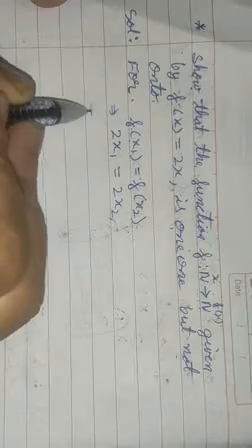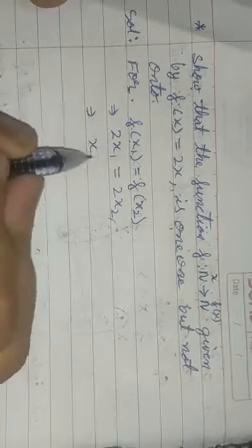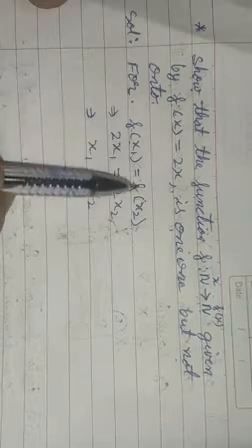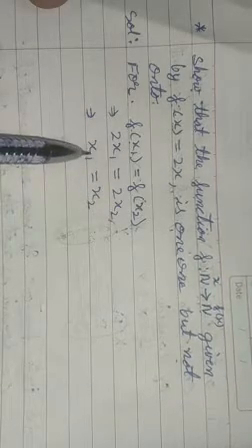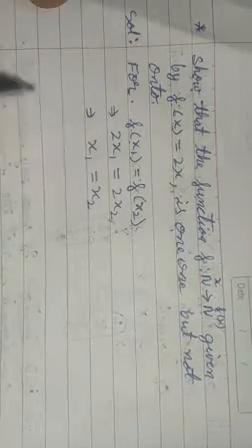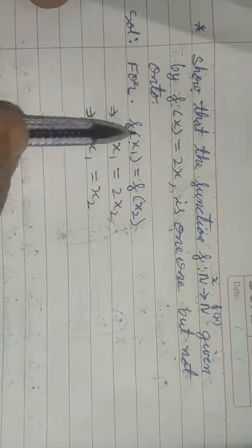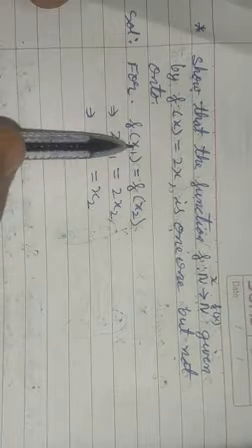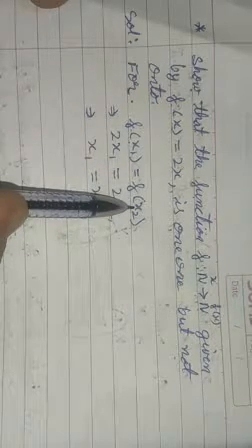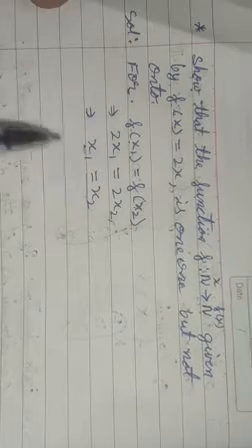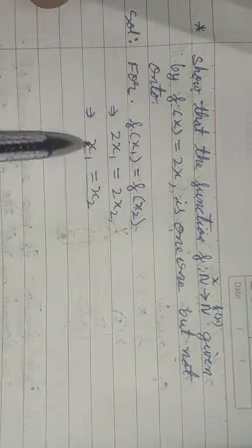Now from both sides we can cancel out 2, so we are getting x1 equal to x2. Now if on taking f(x1) equal to f(x2) you get x1 equal to x2, then this function will be 1 1. Now here we are saying that if the image of two elements x1 and x2 is the same, then it is giving that those two elements are same. That means every element of the domain has a distinct image.